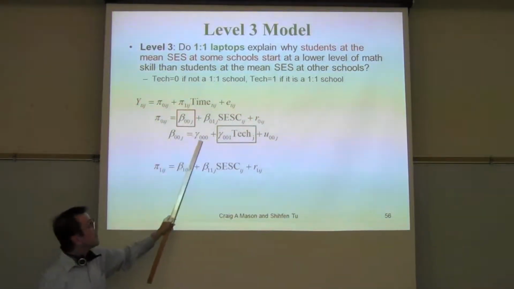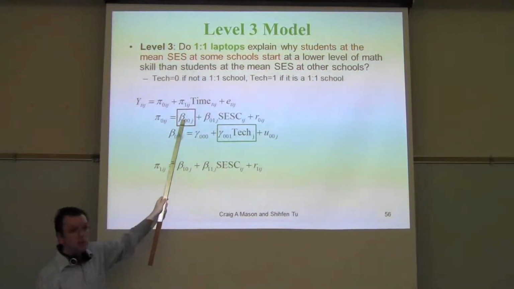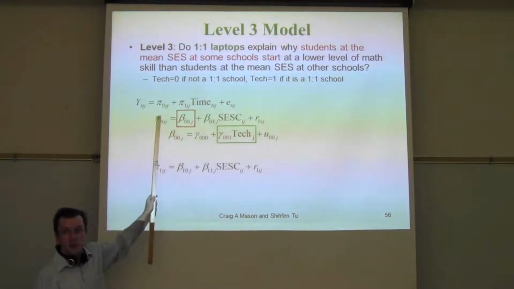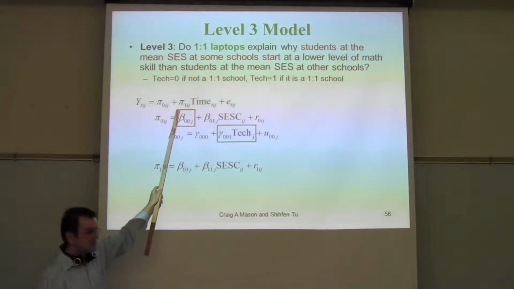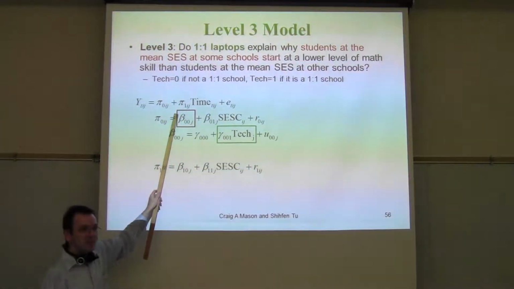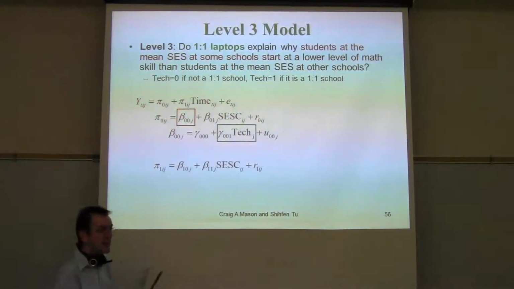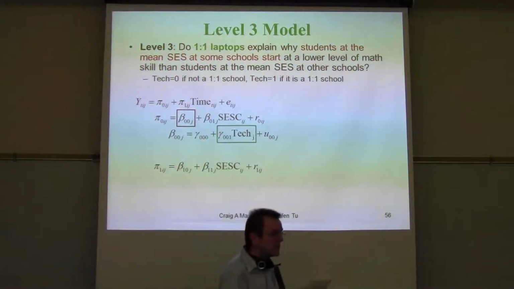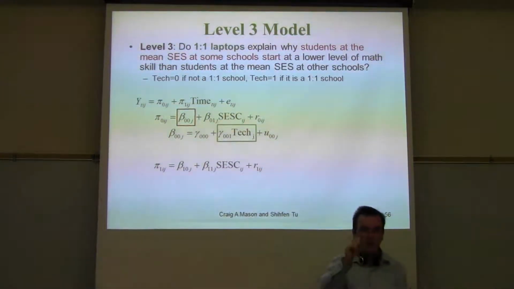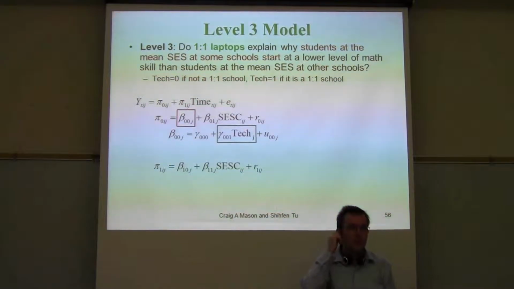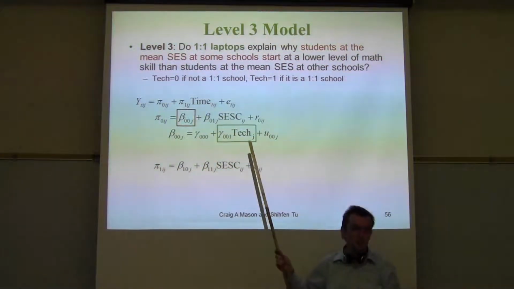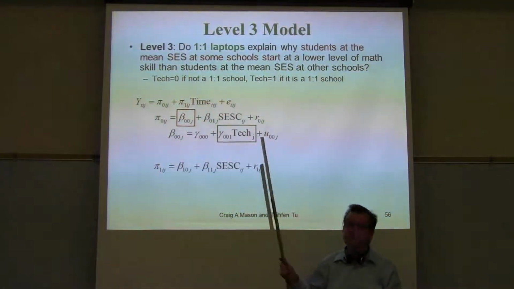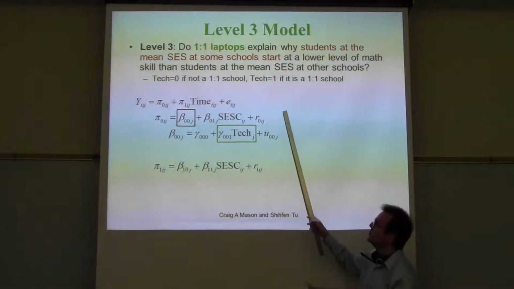In level 3, we have gammas predicting the level 2 betas, which predicted the level 1 pi's. So this kind of makes your head spin. And again, you have to start to remember. So if you're doing this, you always have to be writing notes. And I'll tell students, I will teach a whole course on this from time to time, and I do some workshops on that as well.